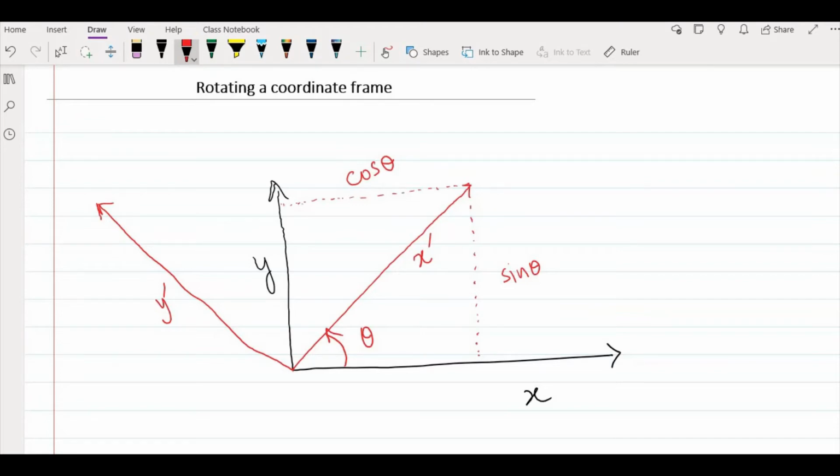If we make a projection on the x-axis, it will be on the negative side, cosine theta, so the x component will be negative and the y component will be positive.